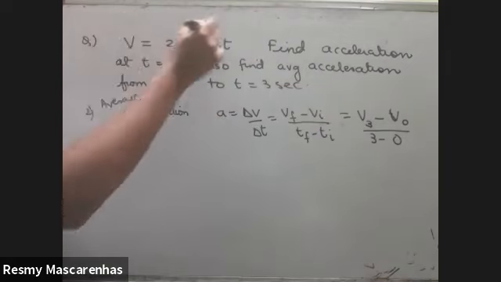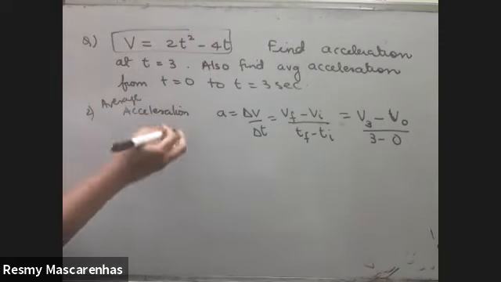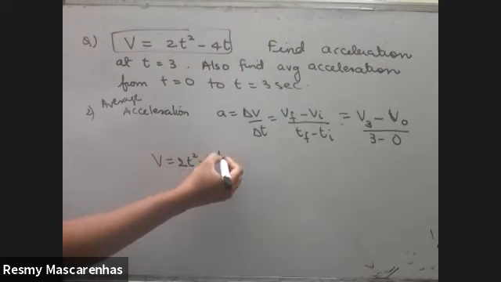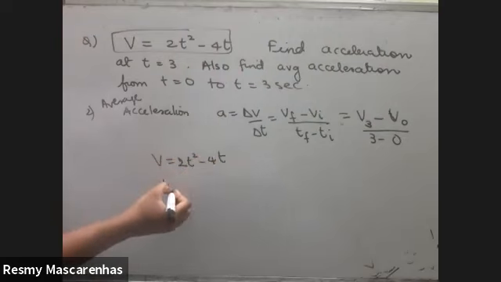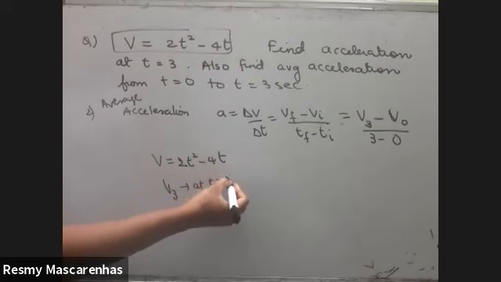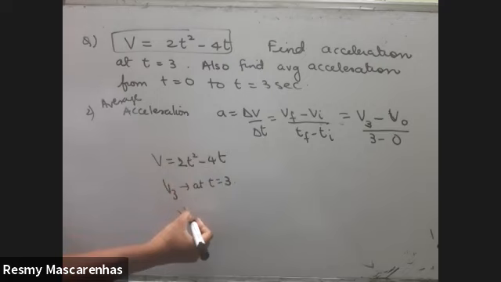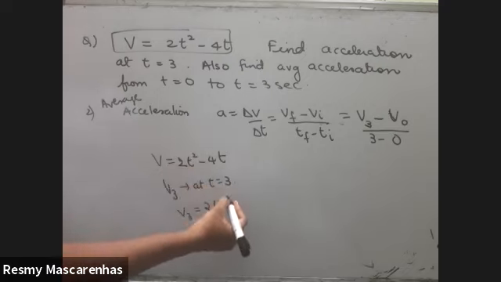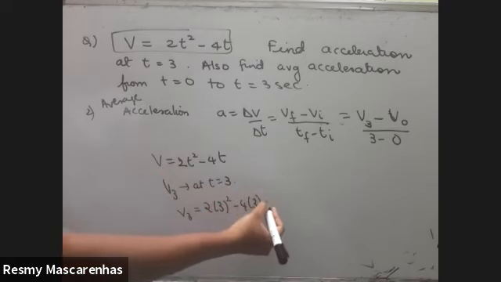So take the V from your question. Find V3. V3 means at t equals 3. So wherever there is t, put 3. And then calculate your answer.